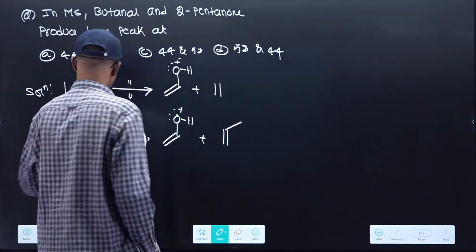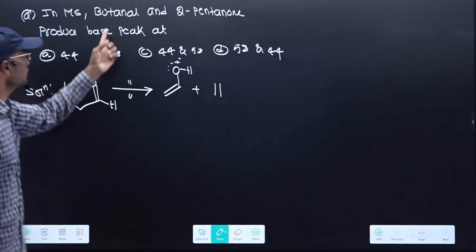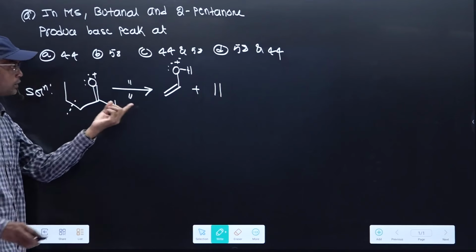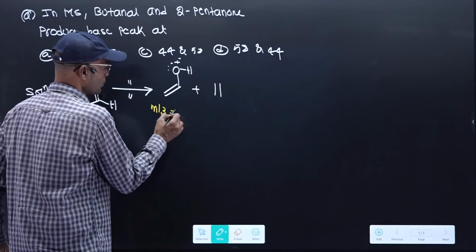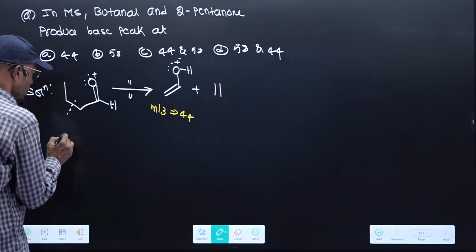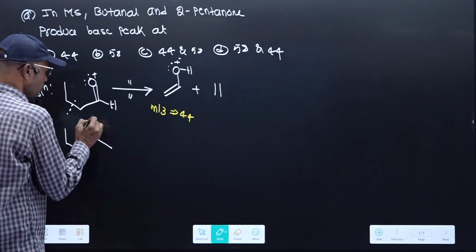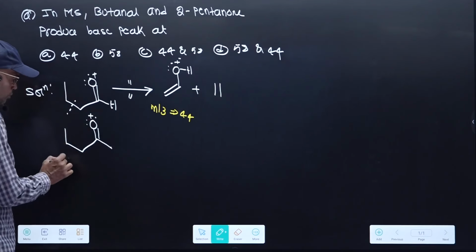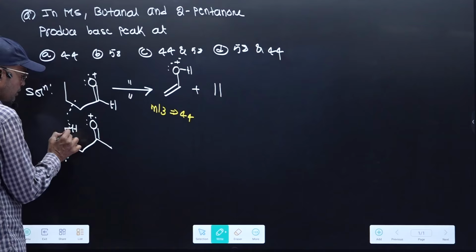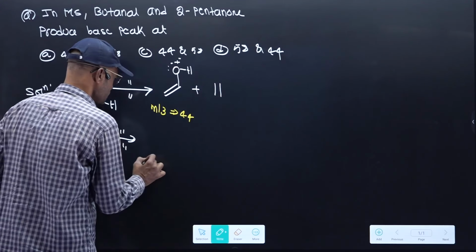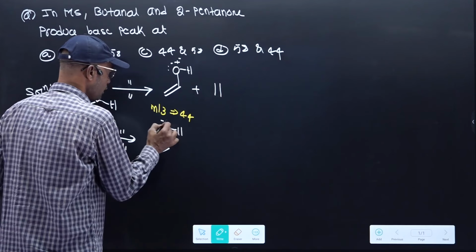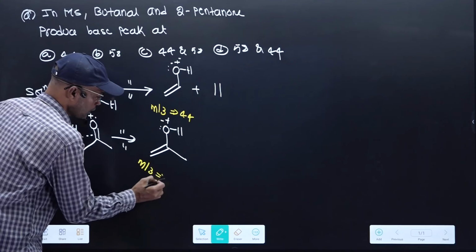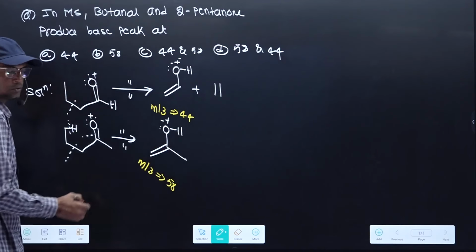First molecule name is butanal. Is it butanal? 1, 2, 3, 4. What is the base peak for this one? M by Z value? This is 44. Then what about butanone? This is butanone. 1, 2, 3, 4. 2-butanone. So break this. Hydrogen you break here, break here. And you get a double bond, radical cation, and here this is methyl. So what about the M by Z value? M by Z value 58. So one for 44, other for 58.